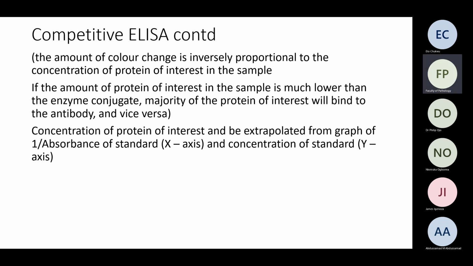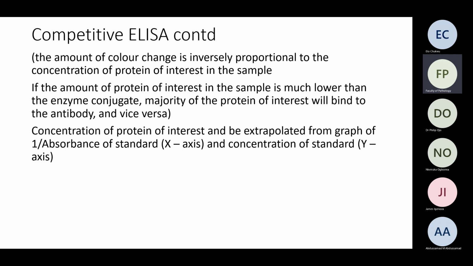Now, the amount of color change is inversely proportional to the concentration of protein of interest in the sample. If the protein of interest in the sample is much lower than the enzyme conjugate, the majority of the enzyme conjugate will bind to the antibody, and vice versa.